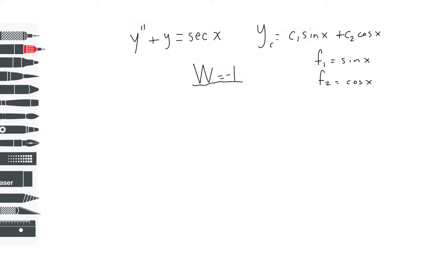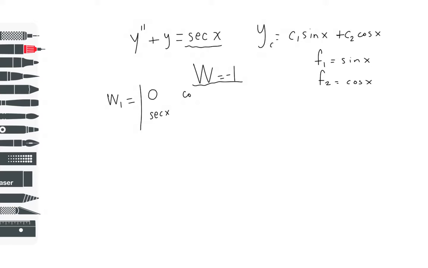Now we have to compute a second Wronskian. I'm going to call it Wronskian sub 1. We put a 0 here, and then the function, secant x. Then here we have f2, and on the bottom, the derivative of f2.